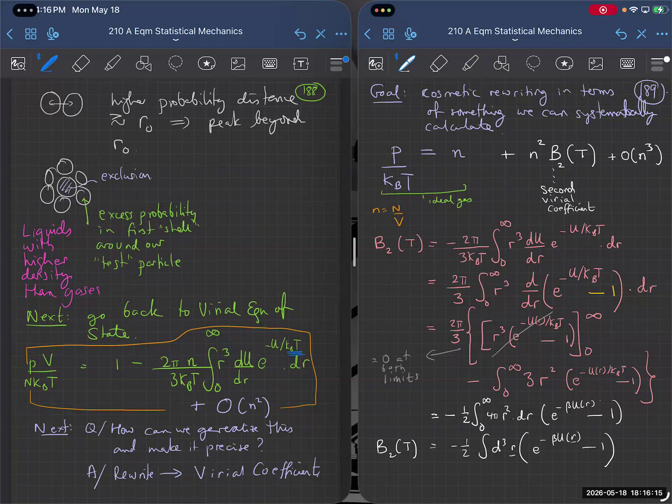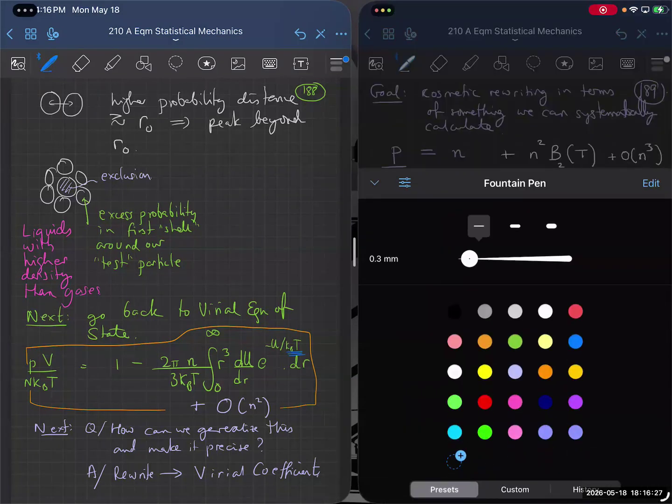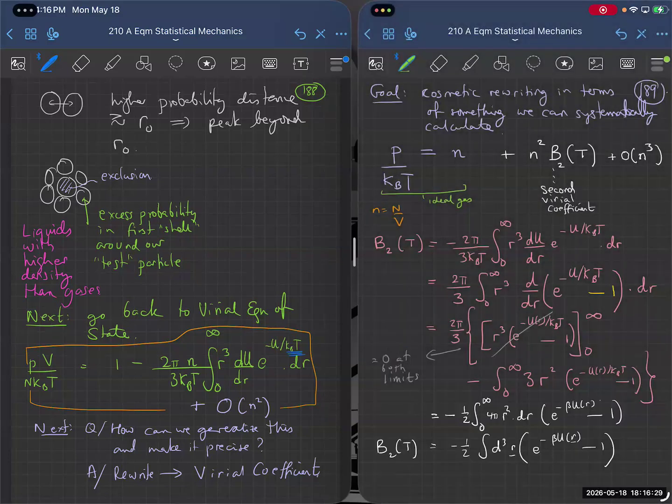And this formula, we're going to generalize this. So I think this was first written down by Mayer. So this object here is going to be known as Mayer's f function.